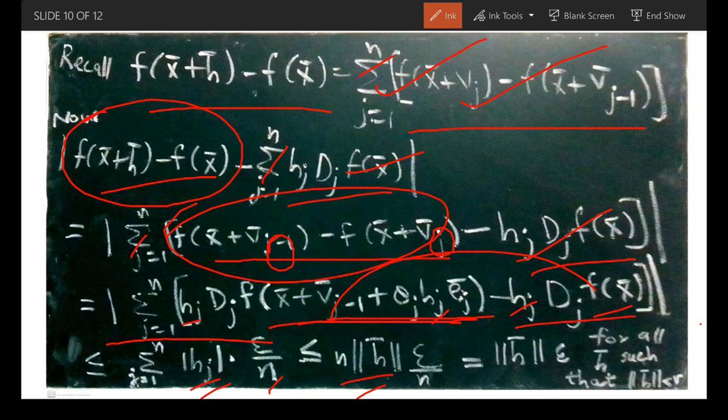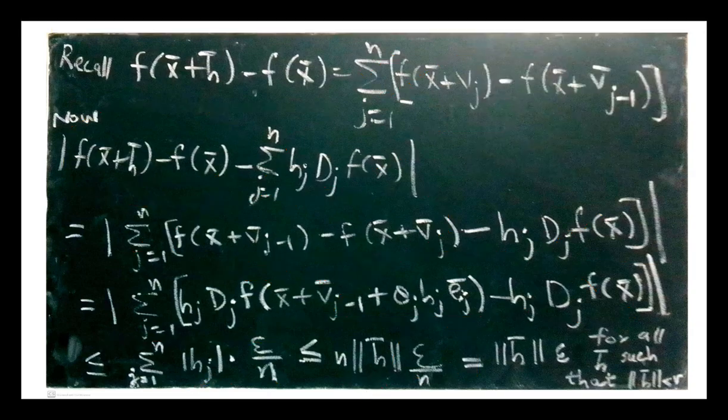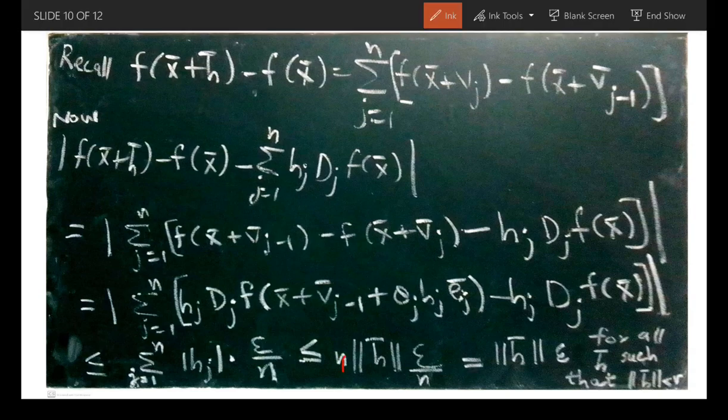I want you to prove that. The proof is very simple, and you have epsilon by n as it is because it is independent of j. So this n and this n cancel each other, and the remaining is norm h times epsilon. Understood? For all h such that norm h is less than r. Remember, I had assumed norm h is less than r and started all these computations.